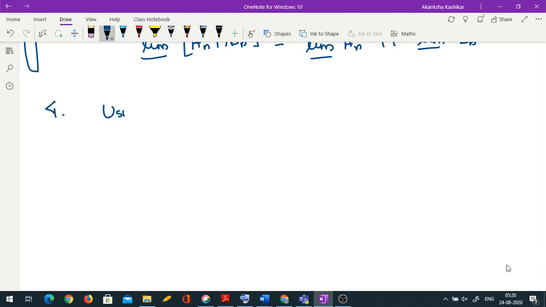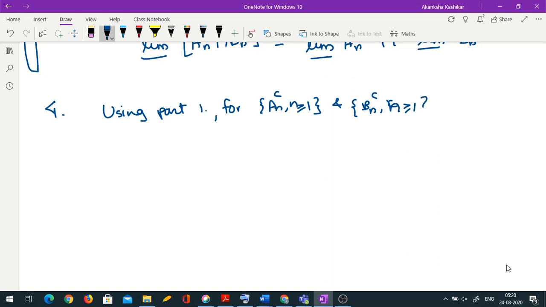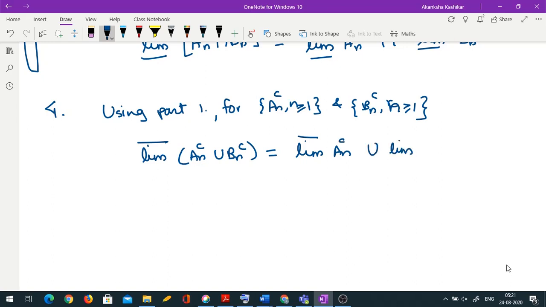So using part 1 for An complements and Bn complements instead of original sets, what do I get? I get lim sup of An complement union Bn complement is equal to lim sup of An complement union lim sup of Bn complement.